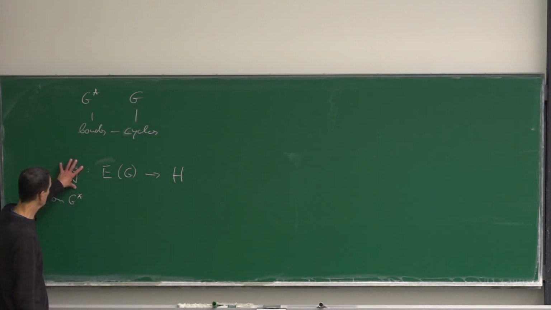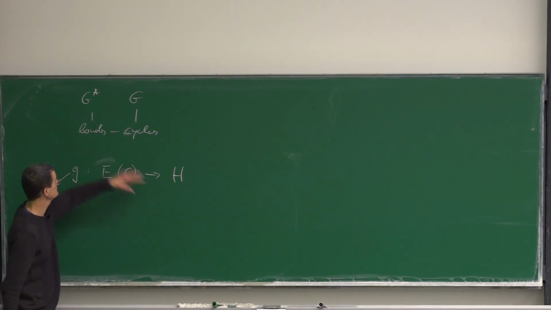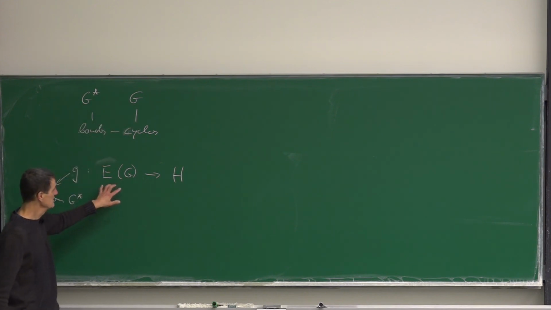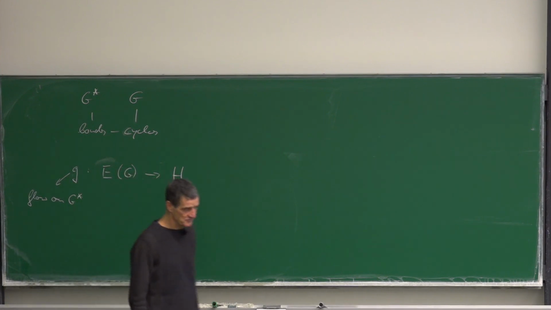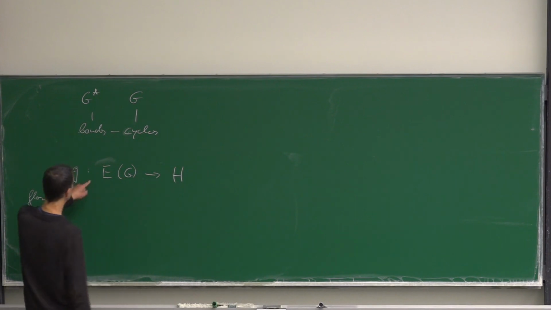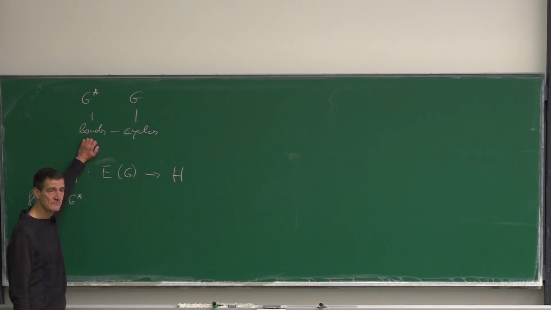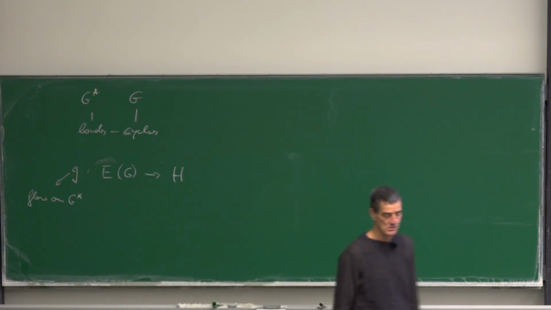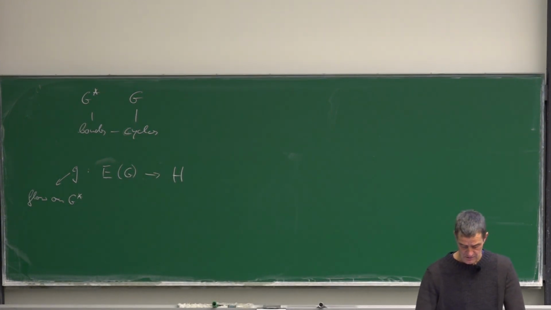Flows assign group values to edges of G star, but those are the same as the edges of G, so we get a map from the edges of G to this group. And we know that g is 0 on the bonds, so this map is 0 on the cycles. That's interesting. We have a map on the edges of G that sums to 0 on all the cycles.